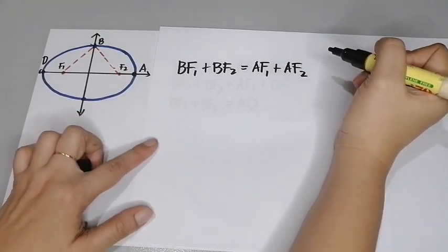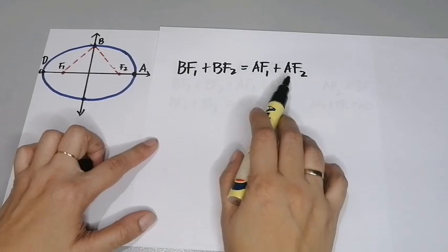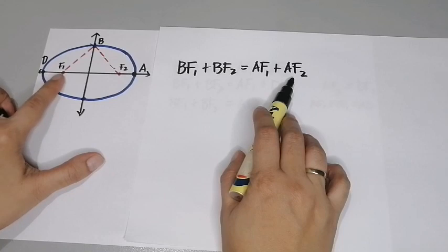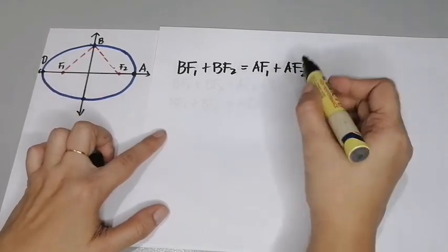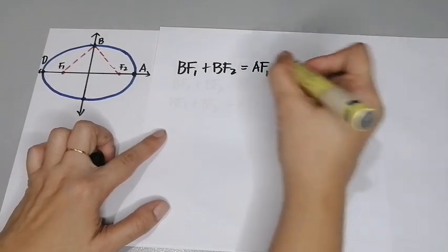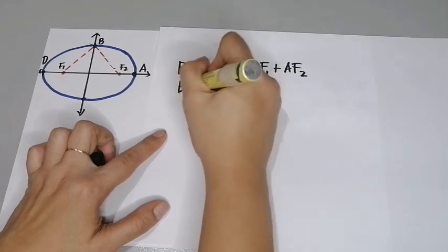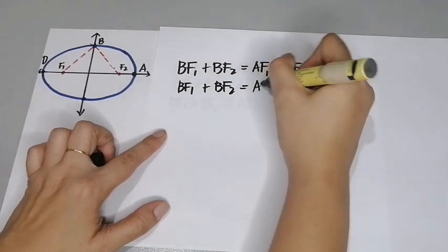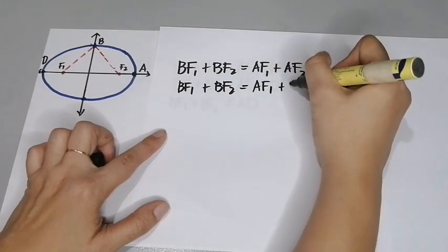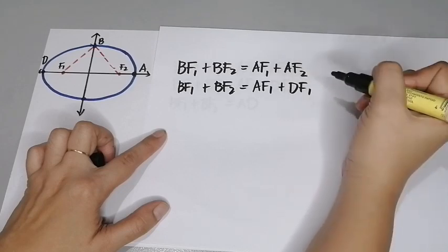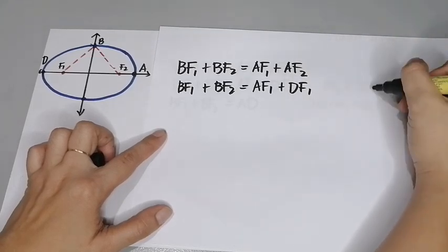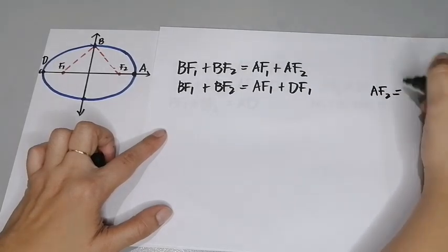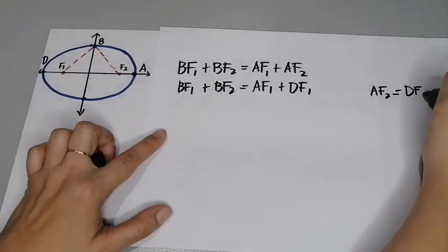Then AF sub 2 is equal to line segment DF sub 1. So we can substitute and have BF sub 1 plus BF sub 2 equal to AF sub 1 plus DF sub 1.